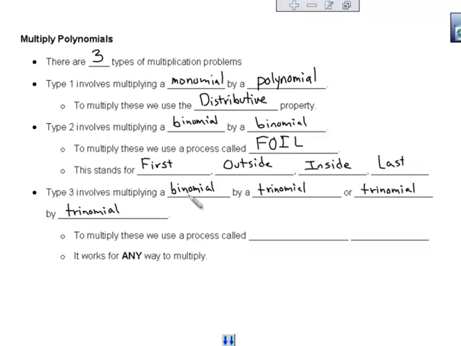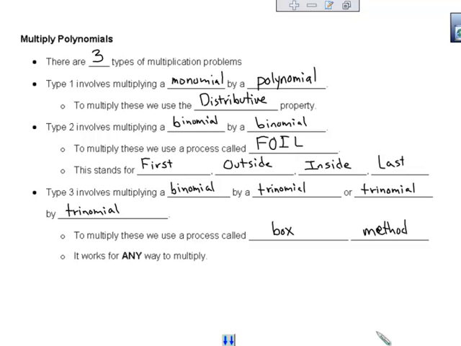If you don't remember what binomial stands for, binomials means two terms. Trinomials means three terms. Binomial bicycle has two tires. Trinomial triangle has three sides. To multiply these, you use the process that you learned in second trimester, the box method.